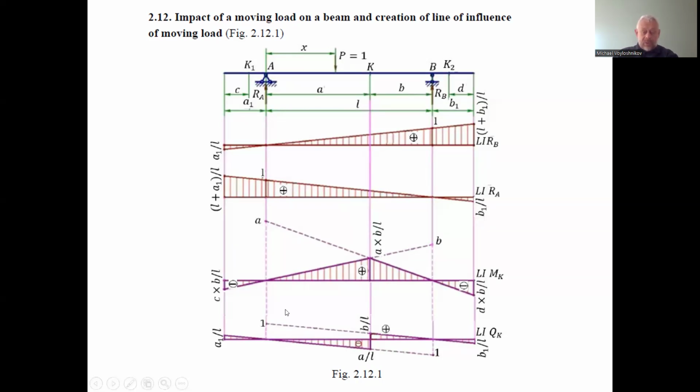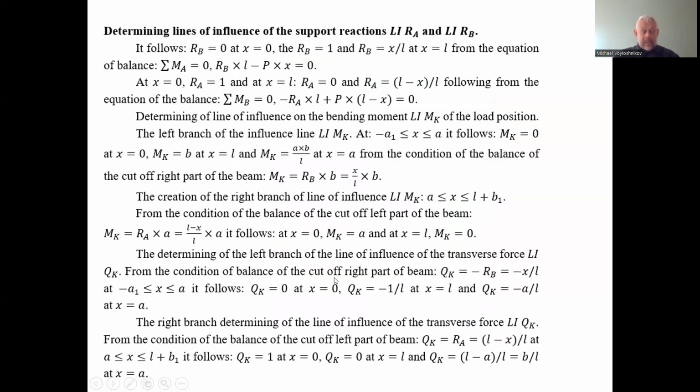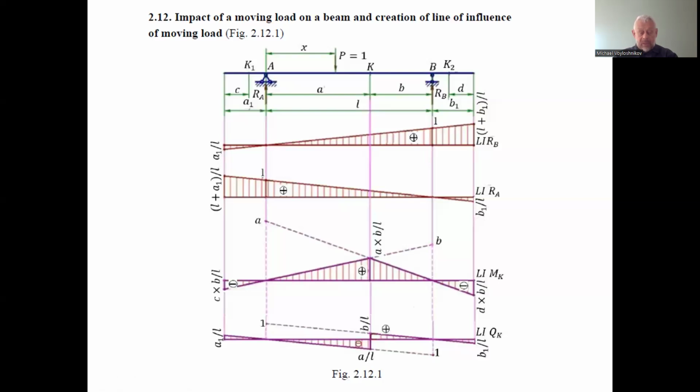For creation of the total diagram, we need another point. We need two points to draw a diagram of a line of influence. Now the creation of the right branch of the line of influence.